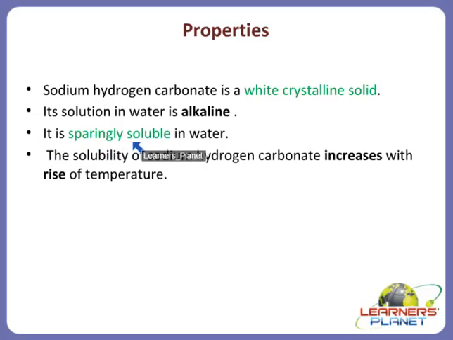It is sparingly soluble in water, that is very less soluble in water. The solubility of sodium hydrogen carbonate increases with the rise of temperature. So sparingly soluble means it is slightly soluble, and its solubility is dependent on temperature, right?